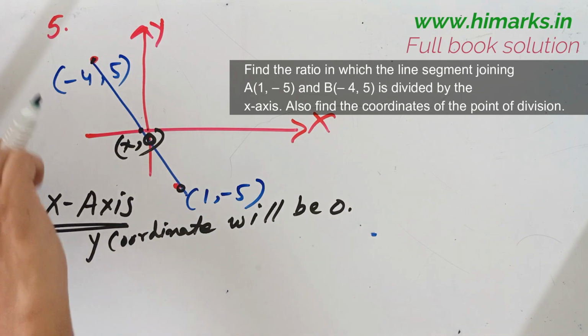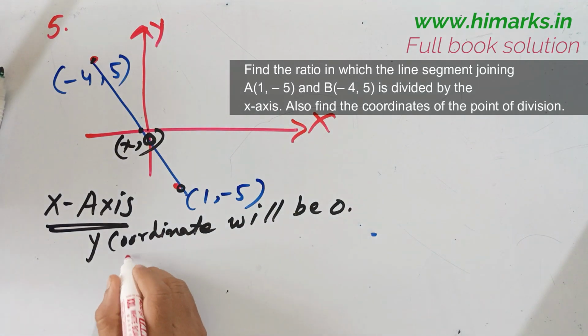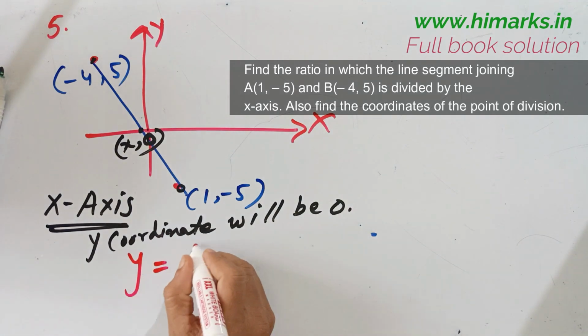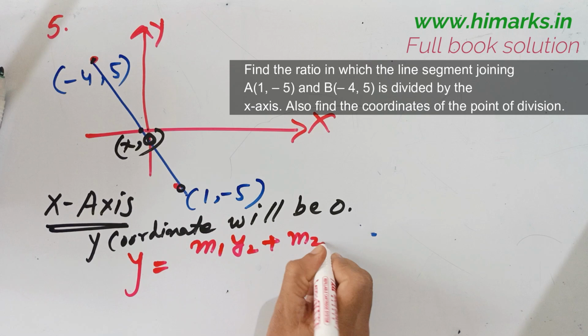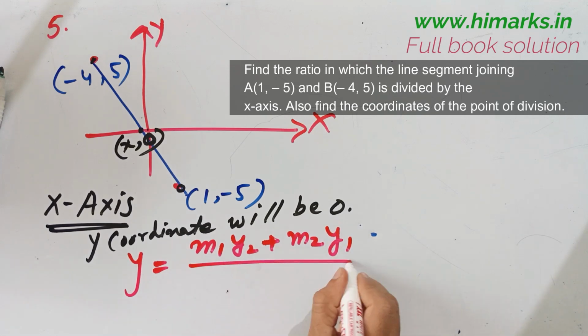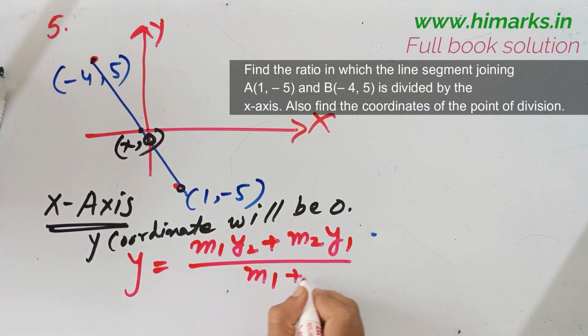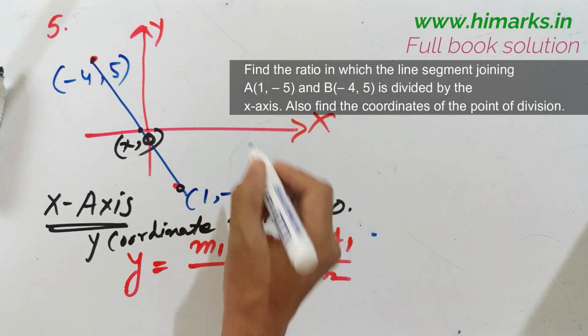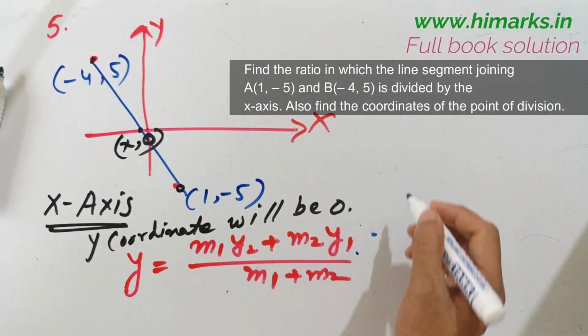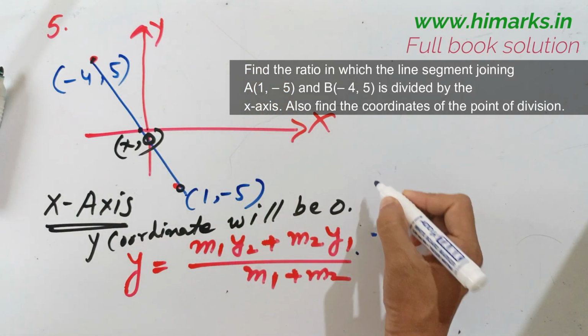The y formula is y equals m1 y2 plus m2 y1 by m1 plus m2. This is the y coordinate point formula. Now I'll replace the values here.